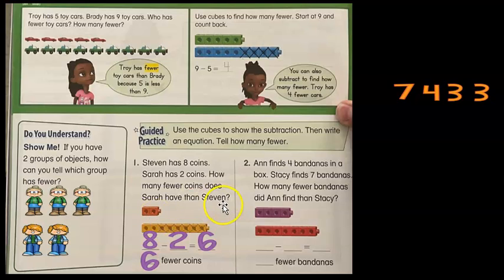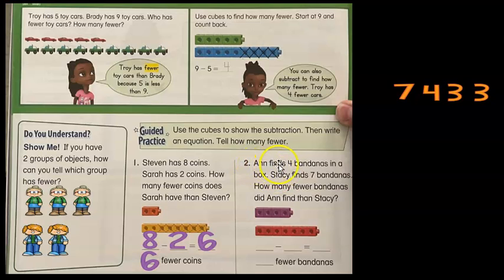Now, just keep looking at your screen. Let's keep going. Ready? Number 2, it says, Anne finds 4 bananas in a box. Stacy finds 7 bananas. How many fewer bananas did Anne find than Stacy? Now, let's reread it again, first graders.